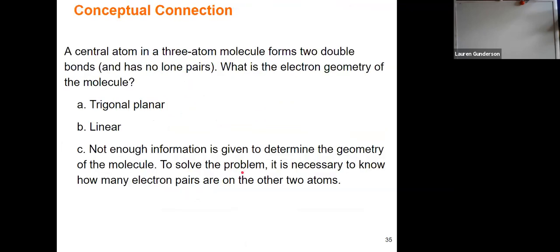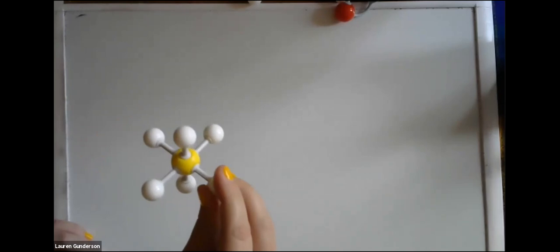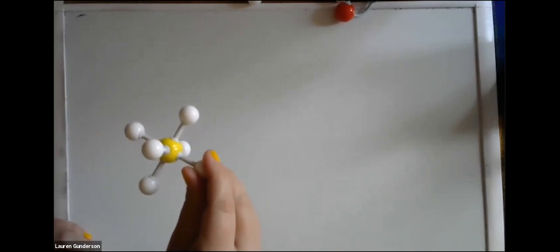Okay, let us look real quick at what that looks like. There's my octahedral. Okay, so here's your standard octahedral shape. So you see how every position is equal to the other position. Everything is 90 degrees from one another. Okay, now if we remove one bonding pair and replace it with a lone pair, it doesn't matter where you remove the bonding pair.